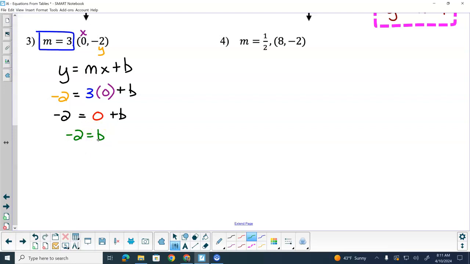Watch how it works. Do we have an m? Do we have a b? And is that what we just found? Yeah, okay, so what's my y equals mx plus b? 3x minus what? 2.